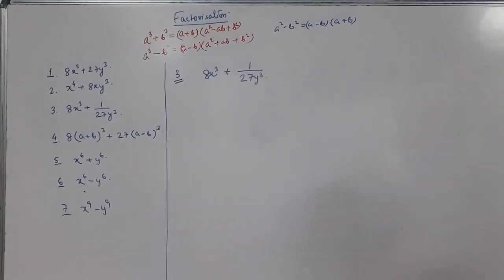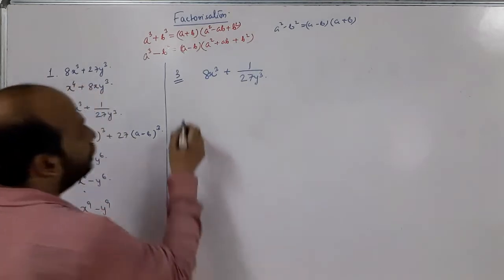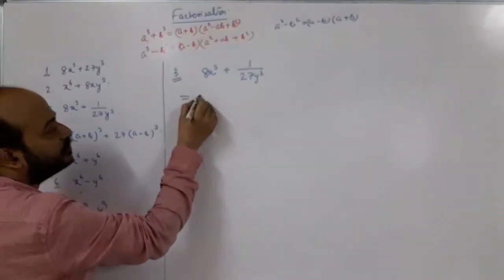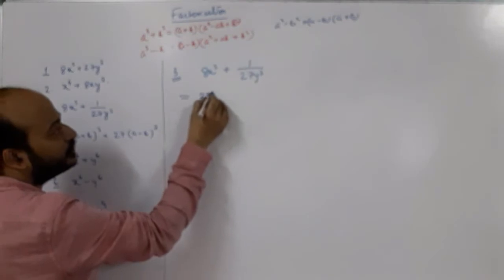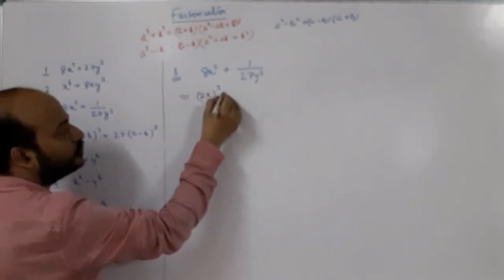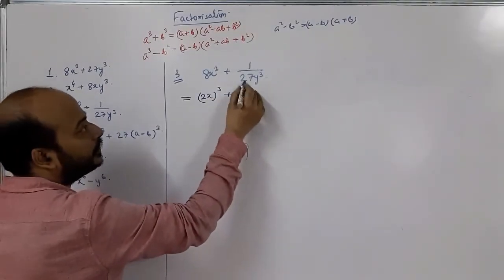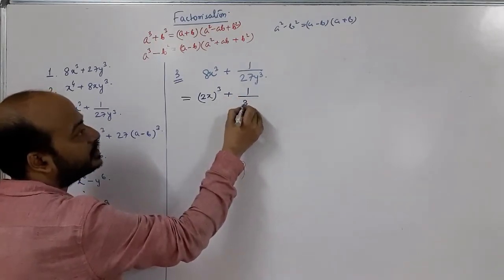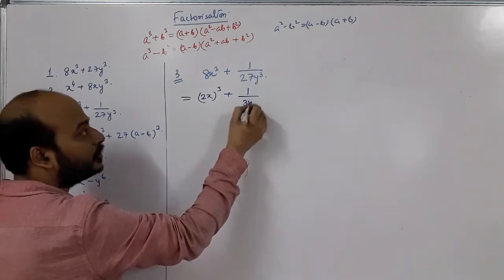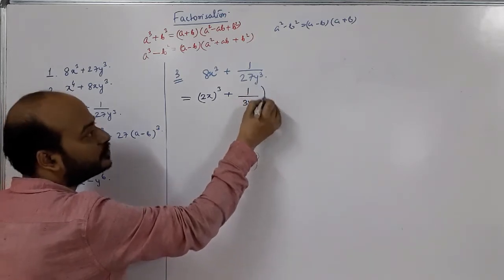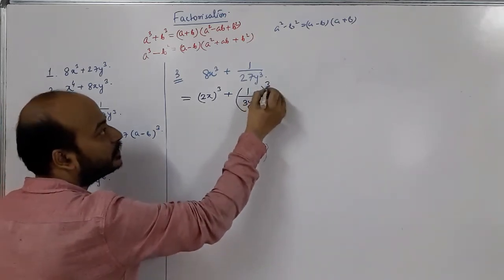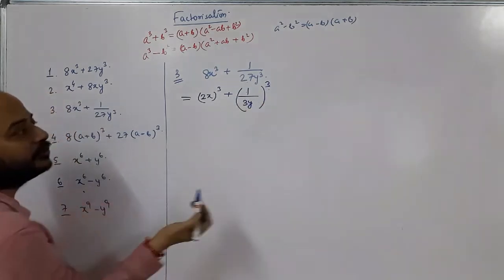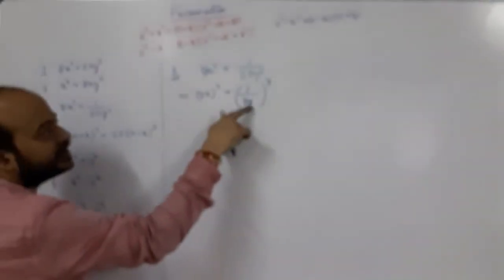Okay, now this sum you see. Here also I will convert this one. 8x cube means I will write 2x whole cube. Again 1 by 27y cube means I will write 1 by 3y whole cube, and 1 cube means 1, so I can write it in this way. Understand? 1 cube, 3 cube means 27 and y cube. So this is a, this is b.